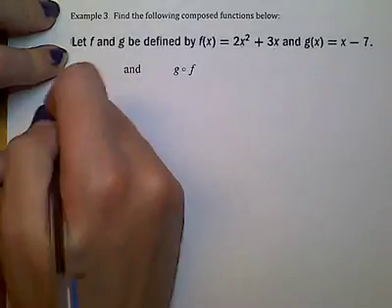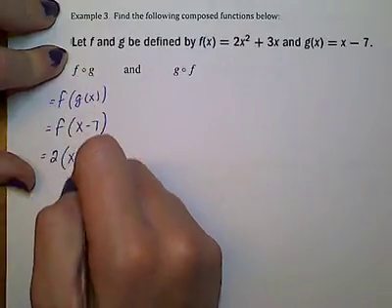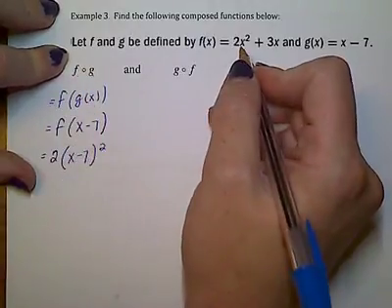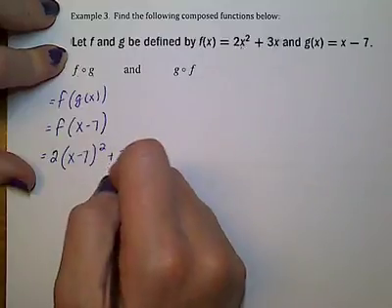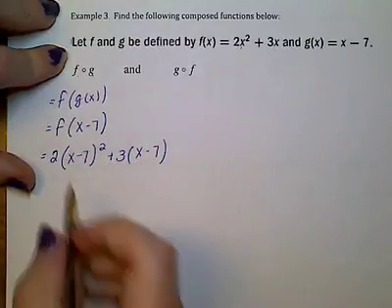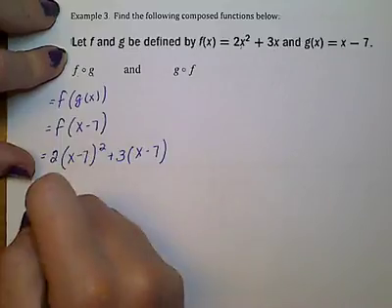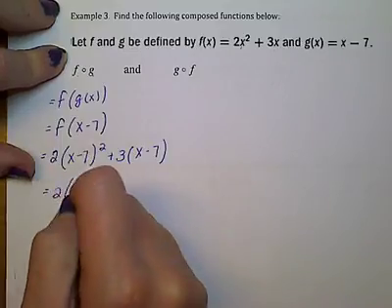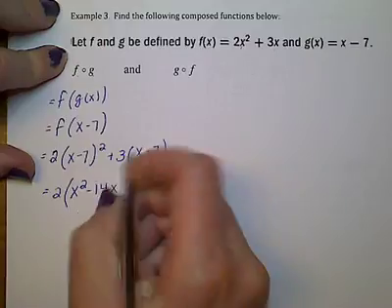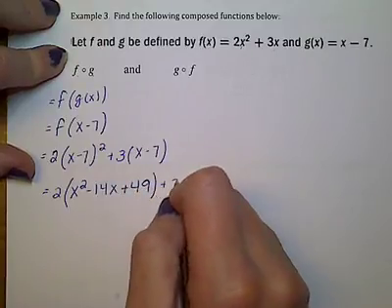So that's going to look like, put some equal signs in here, that's going to look like 2 times x minus 7 squared, because that x is squared, plus 3 times x minus 7. And let's simplify a little bit. I would have to FOIL this together, x minus 7 times x minus 7. That would give me x squared minus 14x plus 49. And distribute that 3 as well.